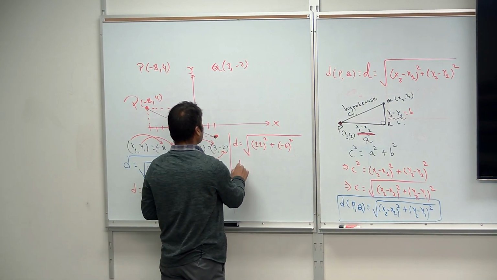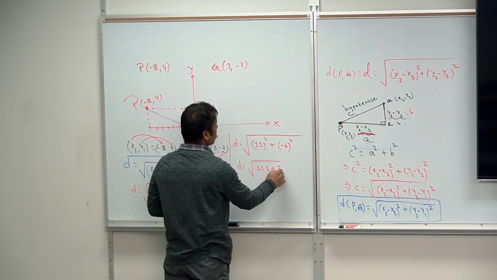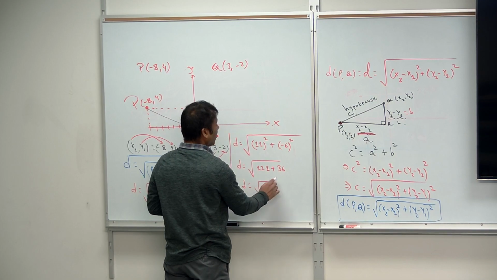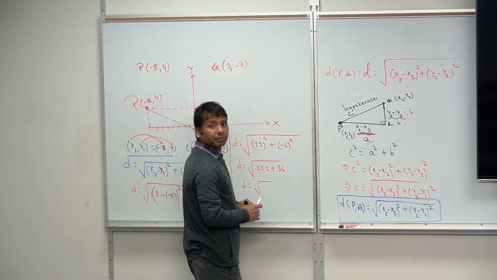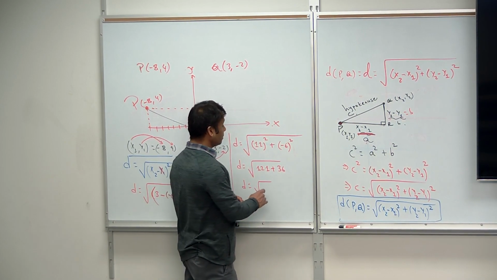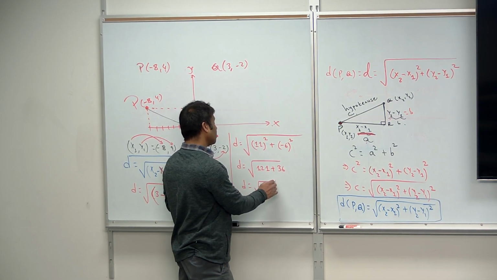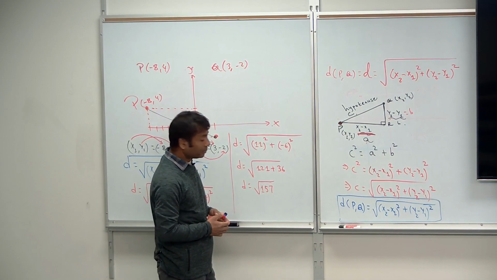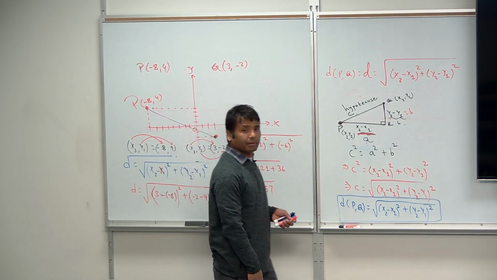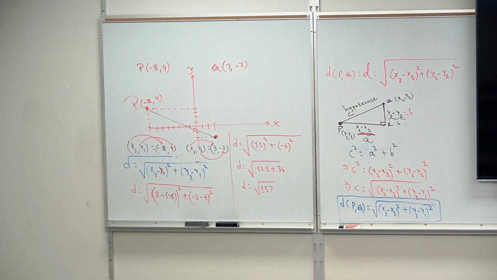So d equals the radical of 121 plus 36. Are you with me? So what is 121 plus 36? 157. Yes, sir. So this is the distance between two points. It's simple. Make sense? Good.